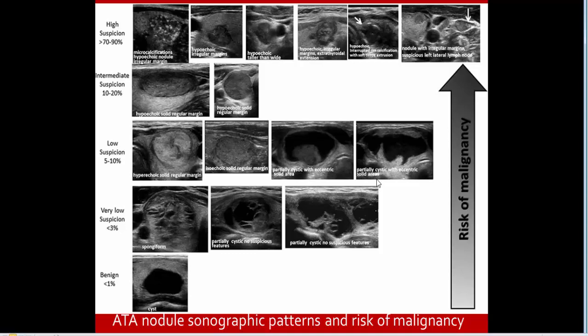Intermediate suspicion: hypoechoic solid regular margin. High suspicion: microcalcification, hypoechoic nodule irregular margin, taller than wide, extrathyroidal extension, interrupted microcalcification with soft tissue extrusion, nodule with irregular margin, suspicious left lateral lymph node. This is the ATA classification of thyroid nodule.